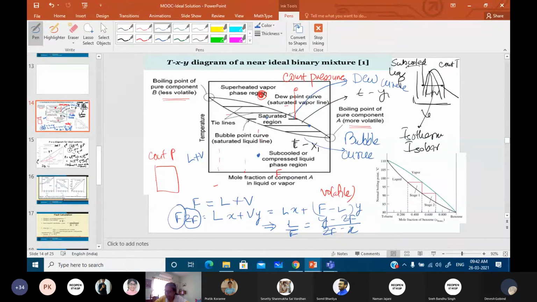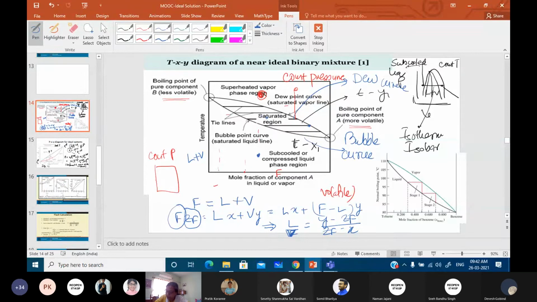Right. From expressing L by F, what I wanted to show is that in this particular region, the proportion of L to V, even from this you can find out the proportion of L by V. I have made a little mistake. This should be L by V. We would find that L by V varies in the inverse length of this region and this region, right?